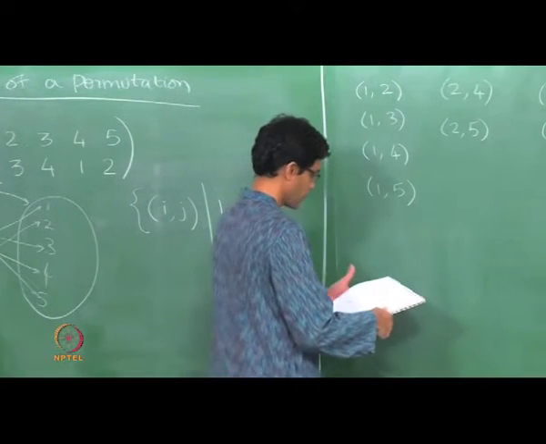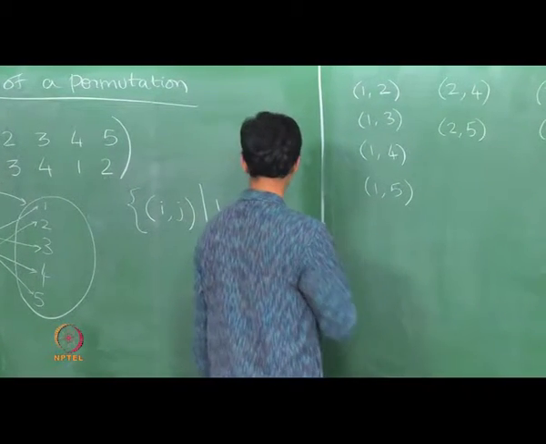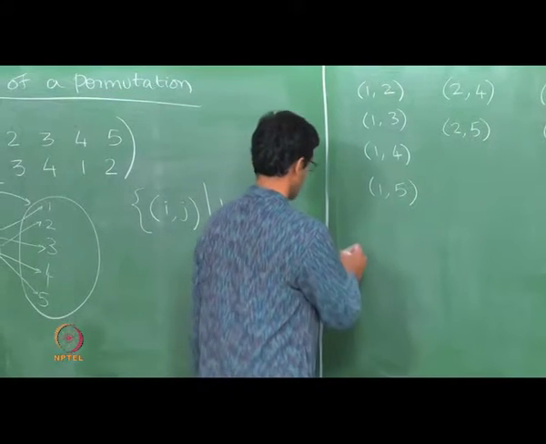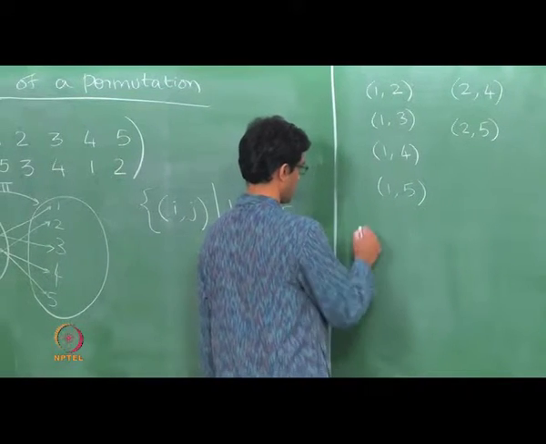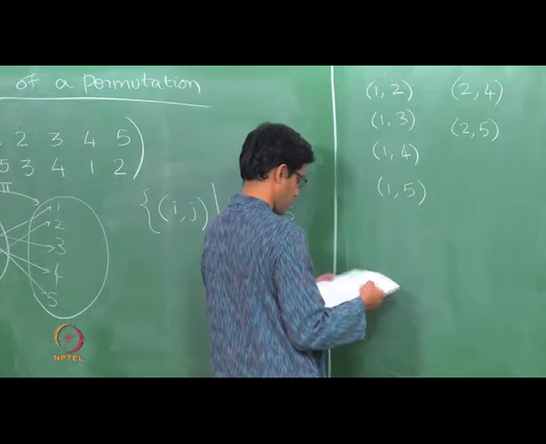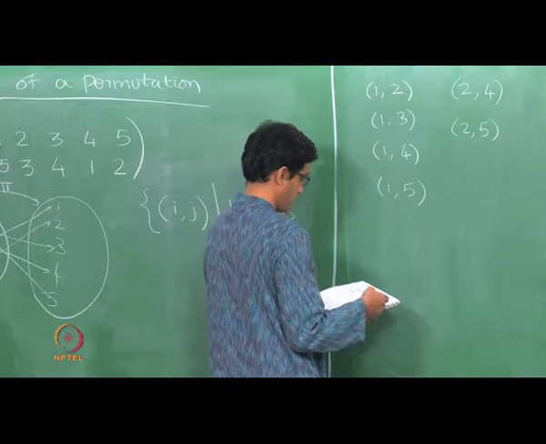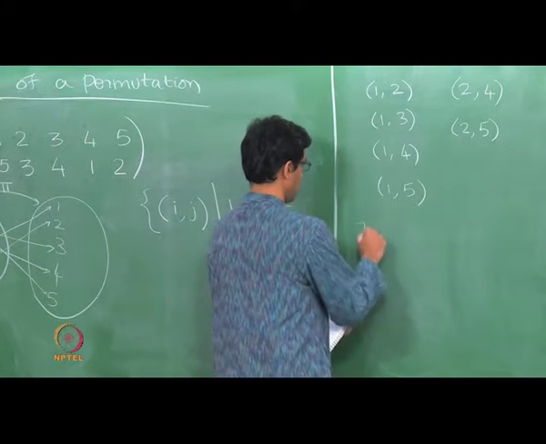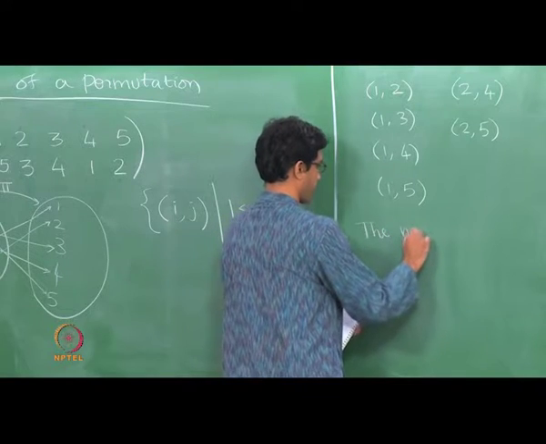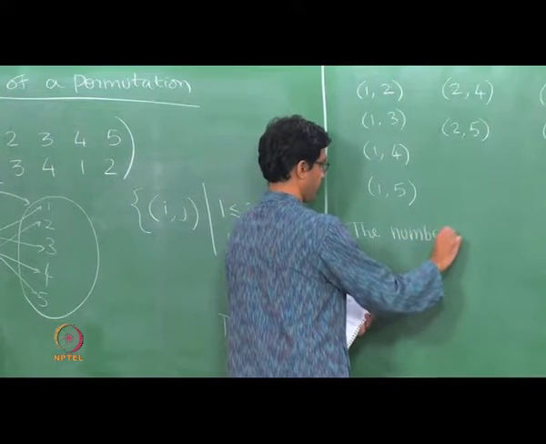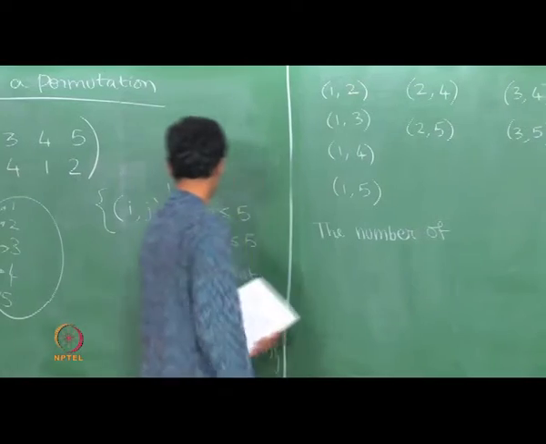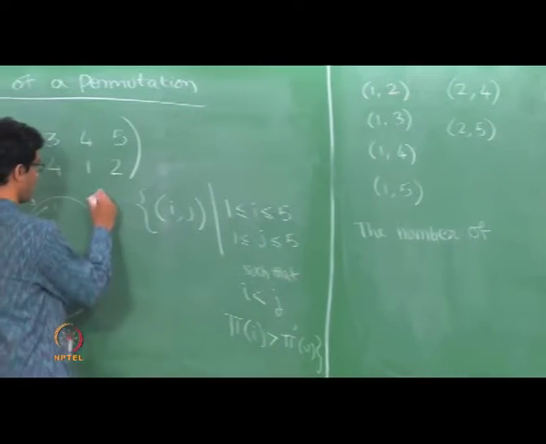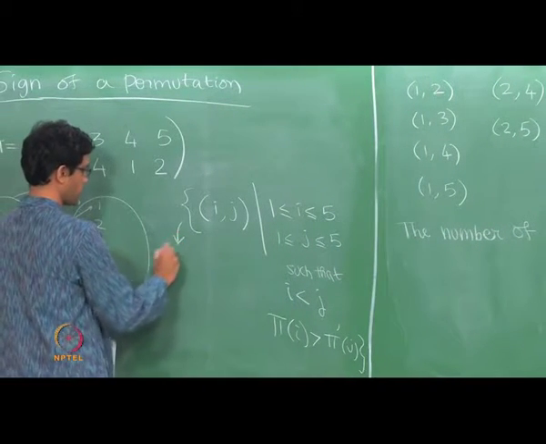Let us say something more. The number of elements in this set will be important for us. Like I said, it is sometimes called the number of inversions. Let us say this is the set, what we will call the set of inversions of pi.